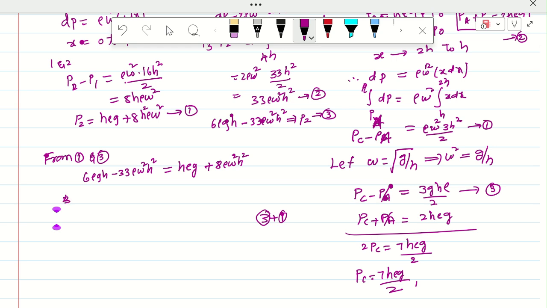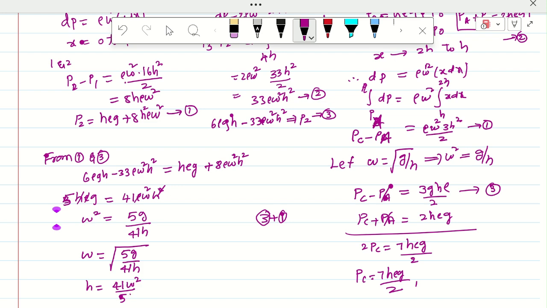So now 5h rho g is equal to 41 rho omega square h square. h gets cancelled. Now, whether they ask for the omega value or the h value, you can find it. Omega square is equal to, rho gets cancelled, 5g by 41h. So omega equals root over 5g by 41h, or h is equal to 41 omega square by 5g. Whatever is asked, you can find the h value.